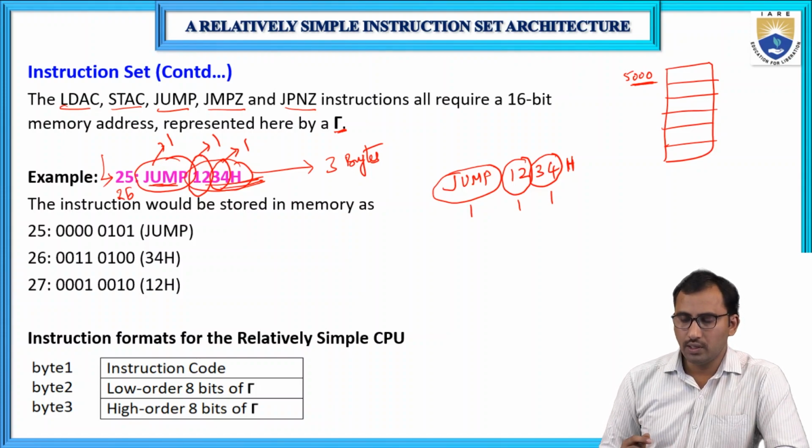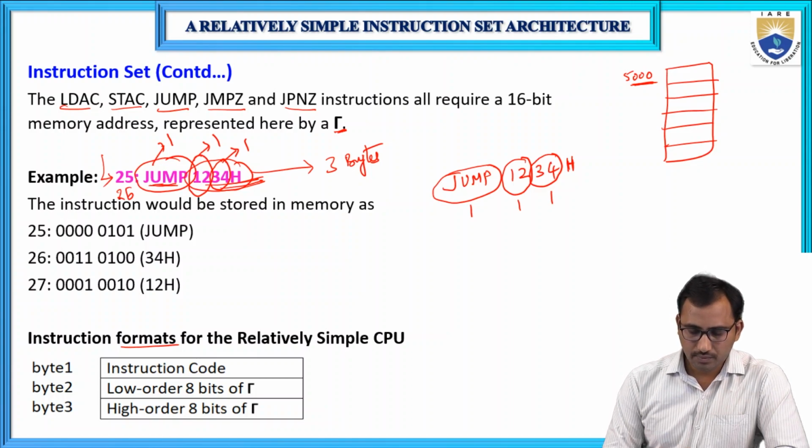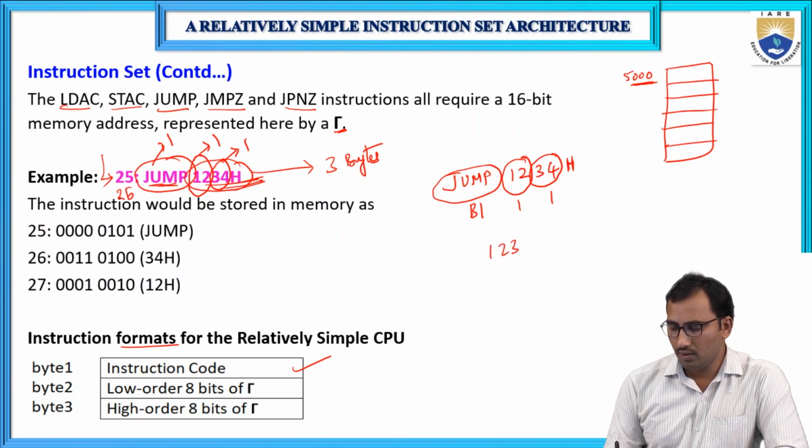In which order will that instruction be stored? For that we have an instruction format for a relatively simple CPU. This is byte 1, and byte 1 will be stored first. After that, this. 1, 2, 3, 4 is one value.